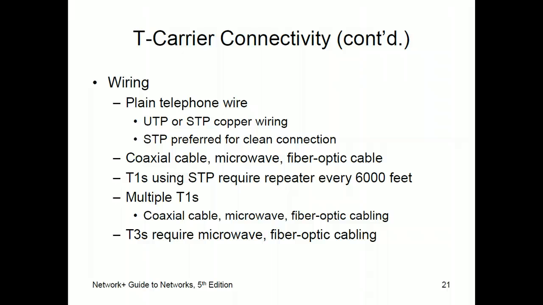T1s use STP and require a repeater every 6,000 feet. And if you have multiple T1 lines, they have coaxial cable, can be microwave as well, fiber optic. T3s require microwave and fiber optic.